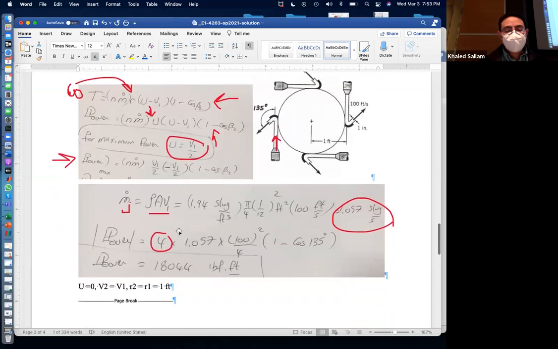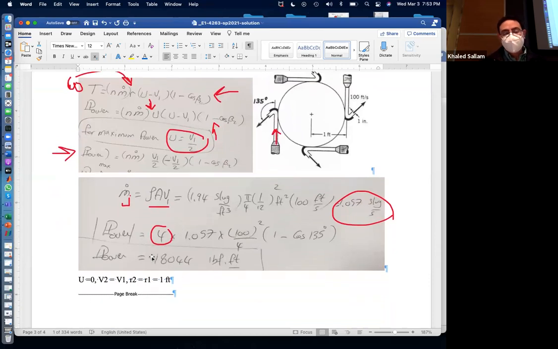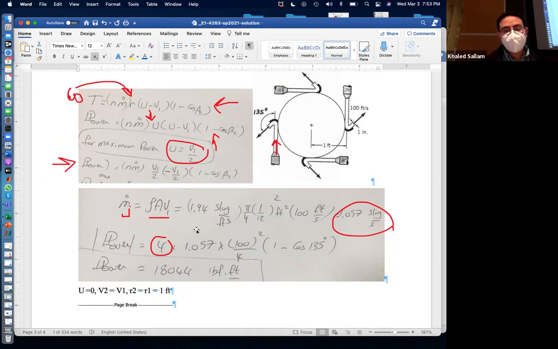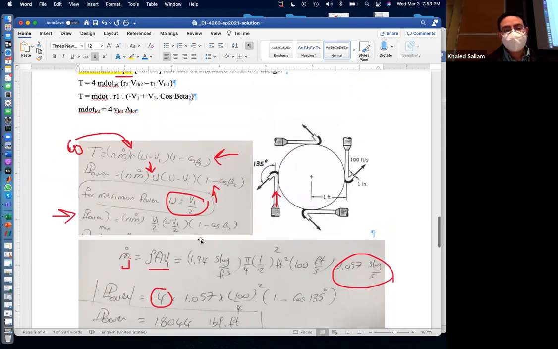So the answer is 4 times 1.057 multiplied by minus v1, so minus 100 times 1 minus cosine 135. It's not 100 squared, because that was v jet squared. Questions?